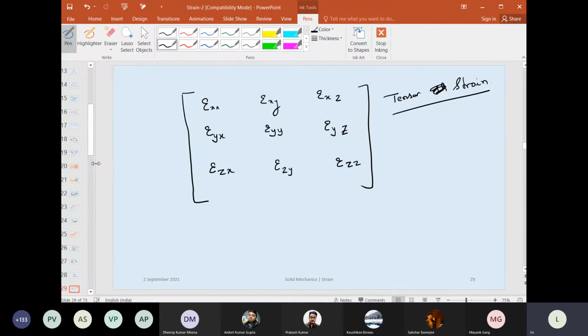Epsilon xy and epsilon yx are equal, and zx and xz are equal. Zy and yz are equal.